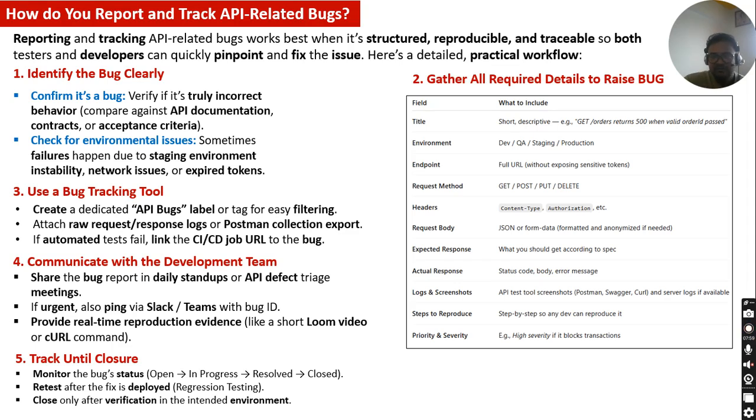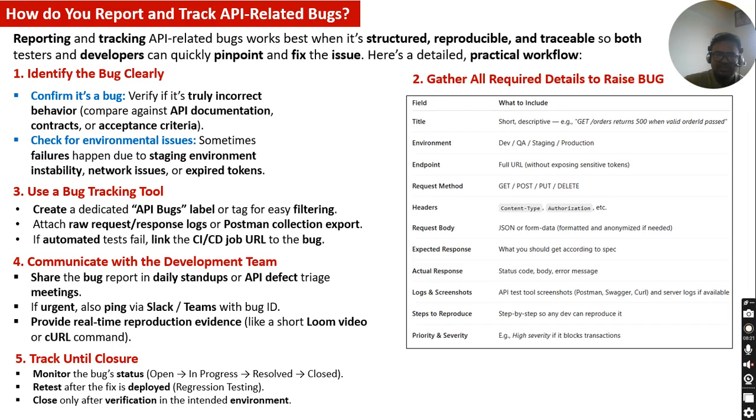If they say it is fixed, retest it properly, do regression testing, and if it is still not working, reopen it. If it is working, then mark it closed. And after closing, don't verify on only one environment; try to verify on the other environments where it has been deployed. That will help you do proper closing of the bug.